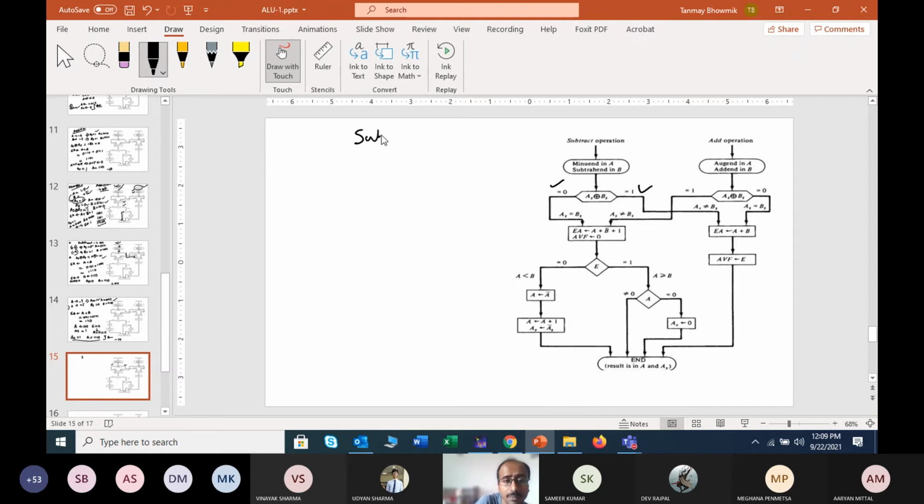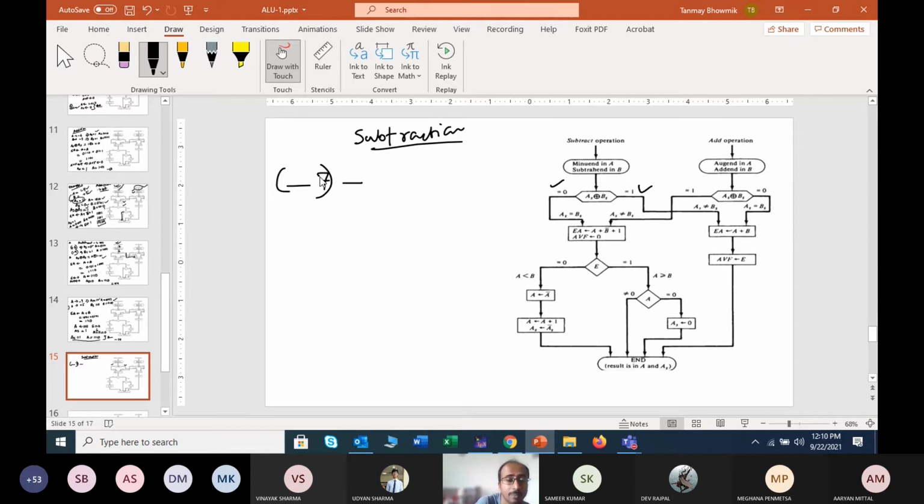So let us consider again some example. Just like you can consider minus 7 minus, we are performing subtraction, that is why this negative.